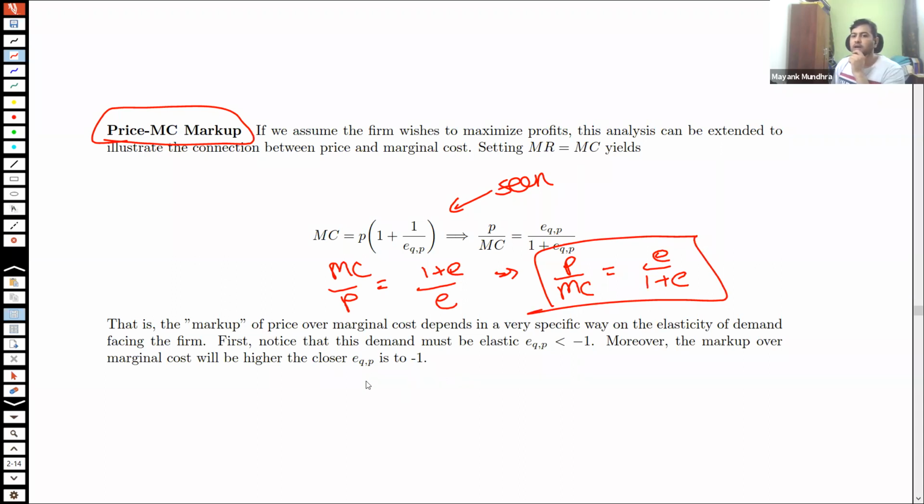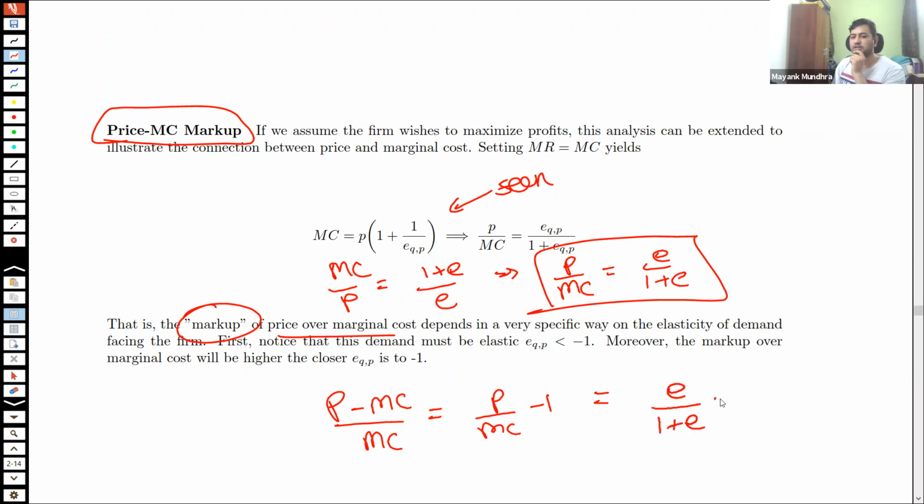Okay. Now, the markup of price over marginal cost is (P minus MC) by MC, which is basically P by MC minus 1, which will be equal to E by (1 plus E) minus 1, because P by MC is E by (1 plus E). So that would be equal to minus 1 upon (1 plus E).